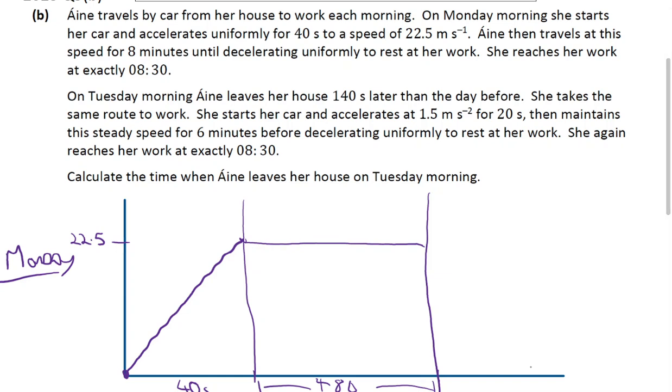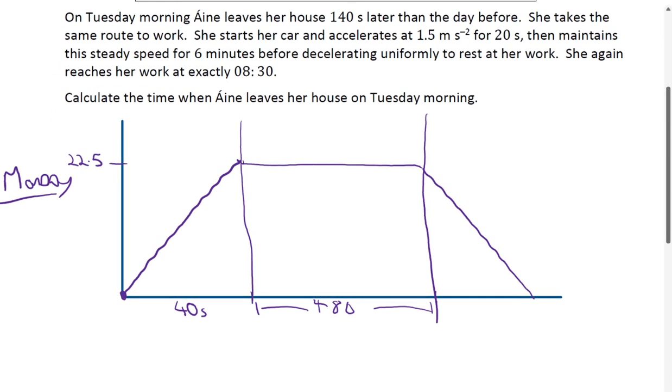And we don't know anything about the deceleration. We do know the height, but we don't know the width. So I'm going to call that T3 because we don't know that. And that's S1, S2, and S3 for the three distances.